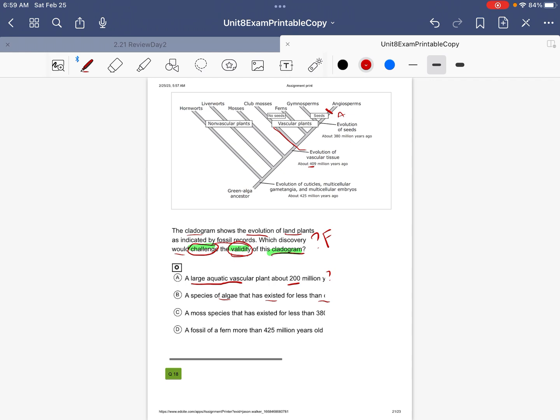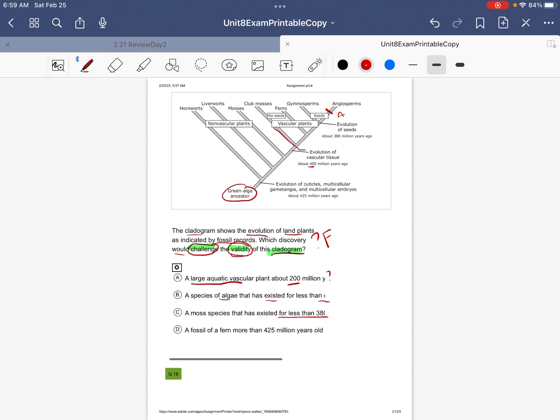The species of algae that has existed for less than... So algae, if you look at that one, guys, I apologize, I didn't know it cut off. So green algae ancestor. Here. Algae, we can look at that one. A moss species that existed for less than 380.